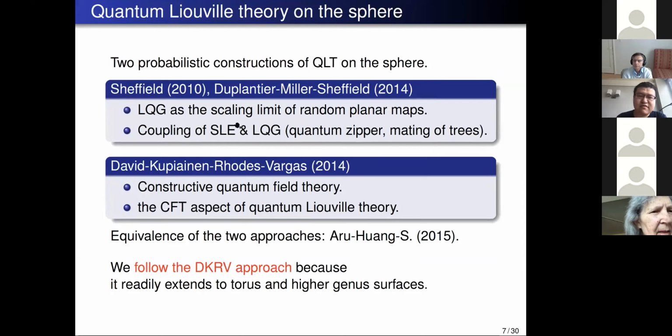Whatever special value corresponds to SLE will give you some special value corresponding to LQG. So far, most of the important values of SLE give important values in LQG where gamma is between square root of 2 and 2, and that's a range where the so-called conformal bootstrap is not proved.